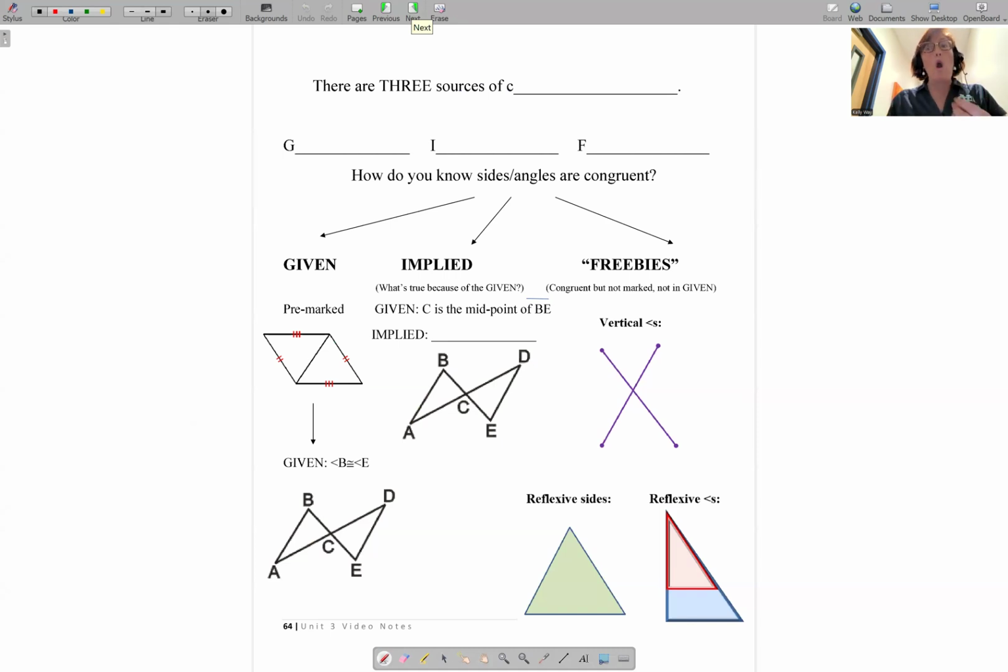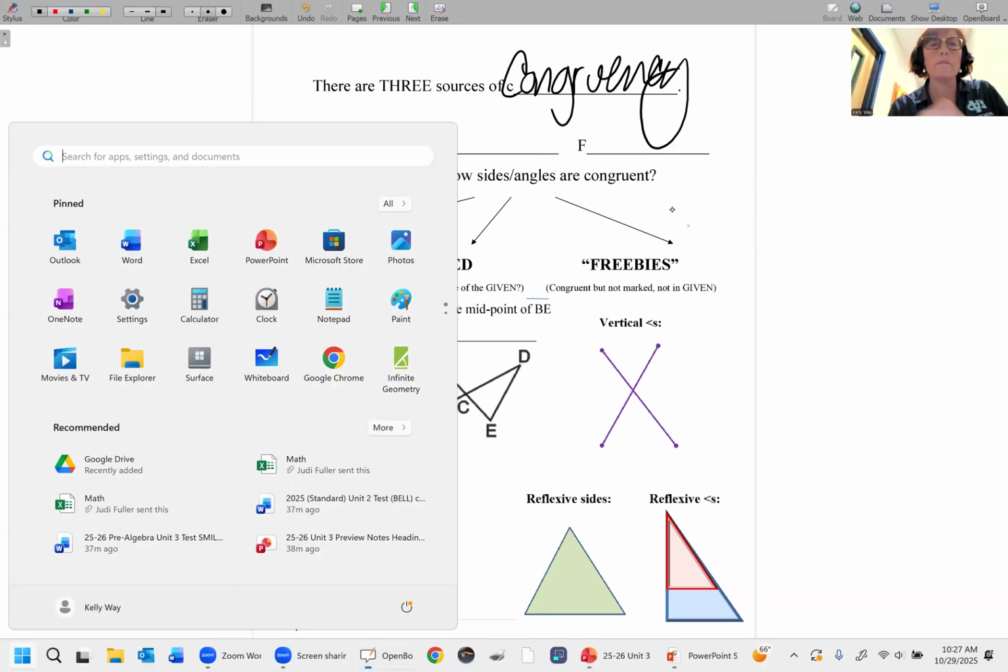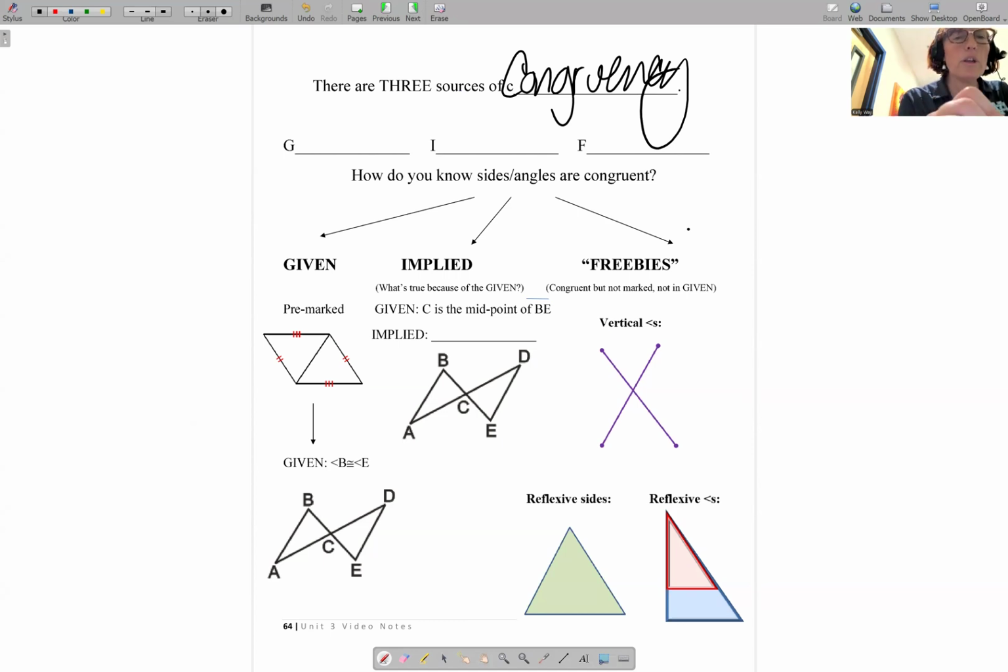Okay, there are now a total of 3 sources of congruency you need to remember. One is when you have what's called given information.